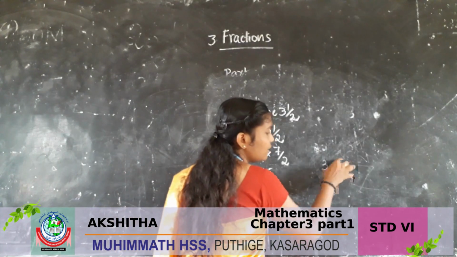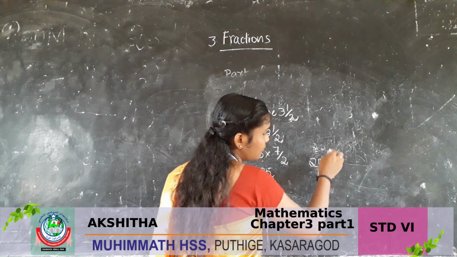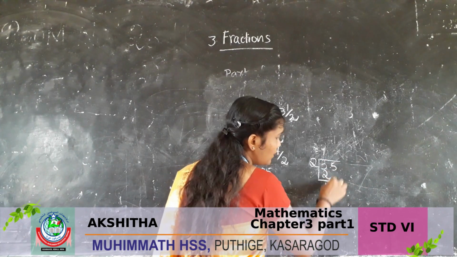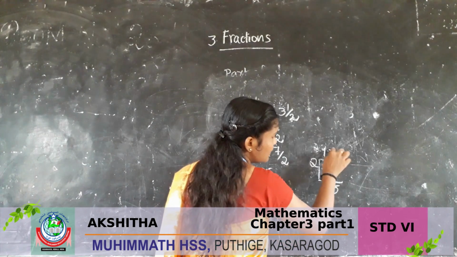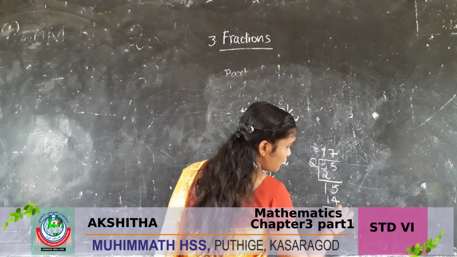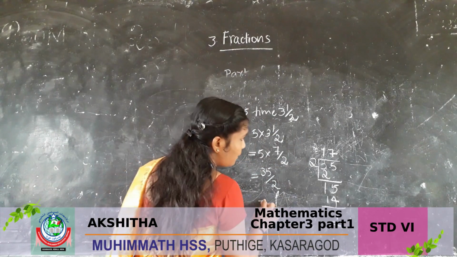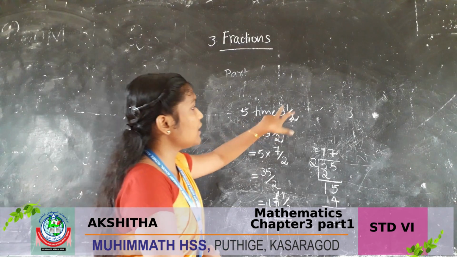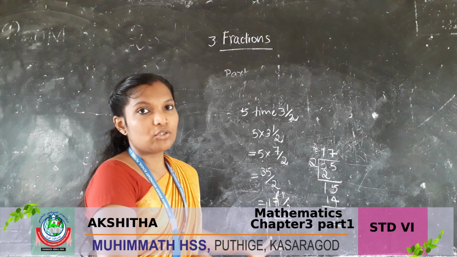What is the answer? 2 ones are 2. 3 minus 2 is 1. This 5 we should write here. 2 sevens are 14. So remainder 15 minus 14 is 1. So what is the answer? 17 1 by 2. 5 times 3 1 by 2 is 17 and half. Is it clear?